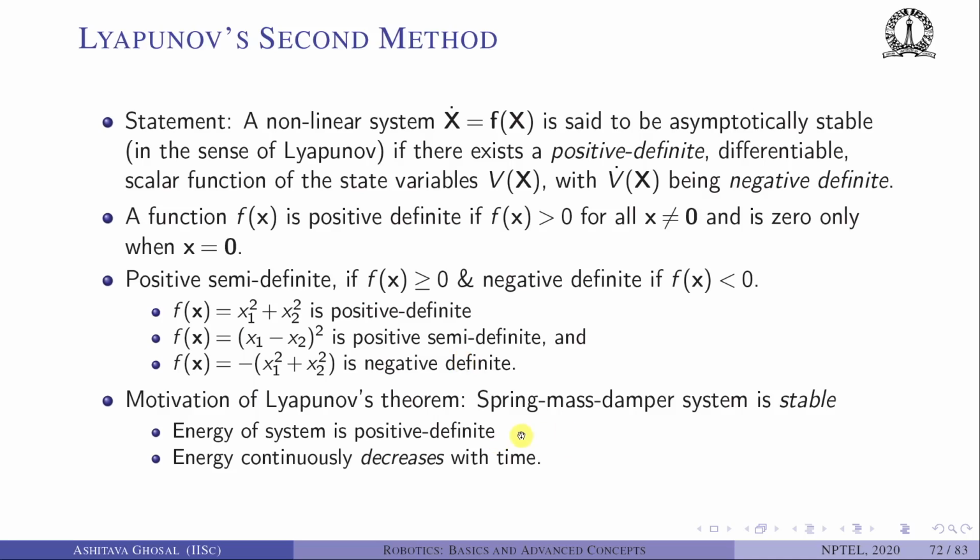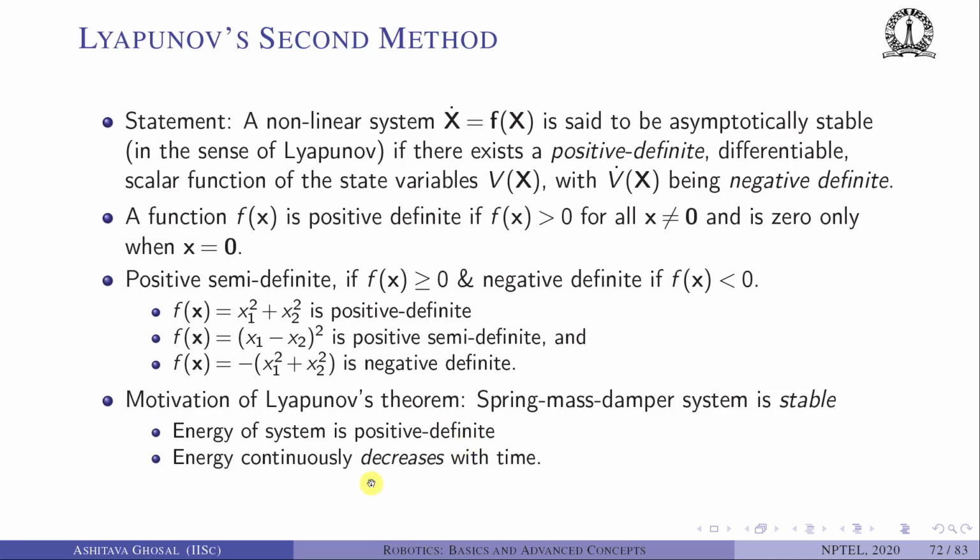Okay. So the motivation of Lyapunov's theorem comes from the spring mass damper system. We know that with some damping, a spring mass damper system is stable. Why? Because if you displace the mass, after a while, due to damping, the amplitude will die down. In the case of a spring mass damper system, the energy of the system is positive definite. The energy is half k x squared, right?